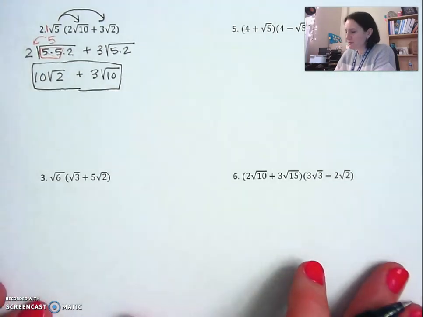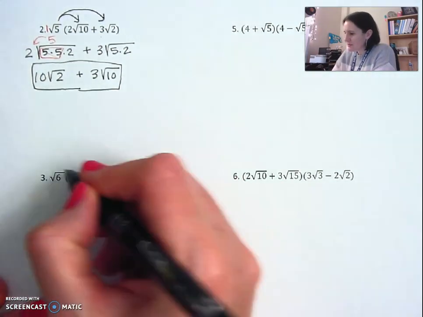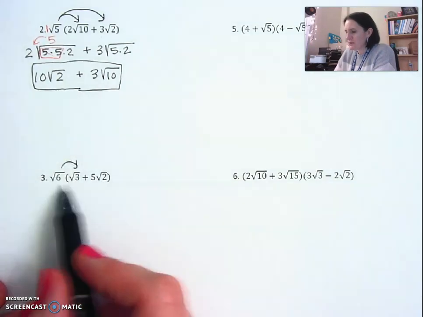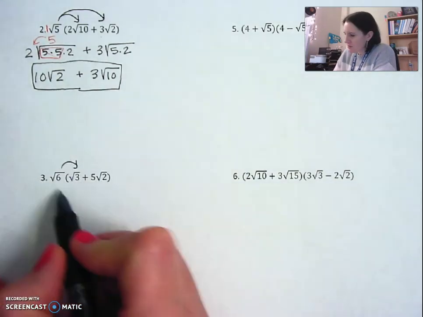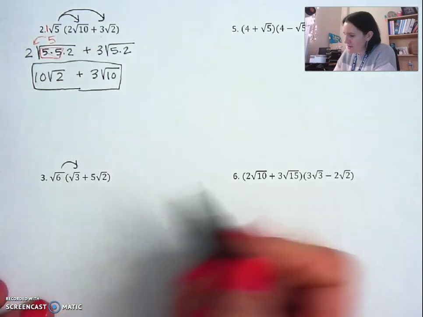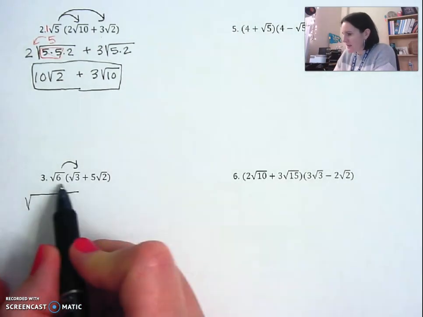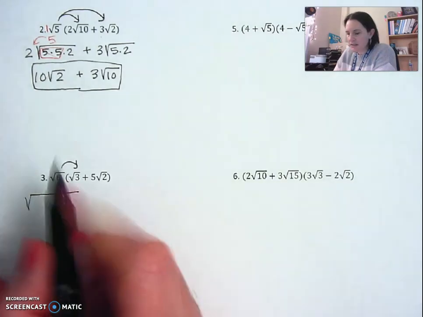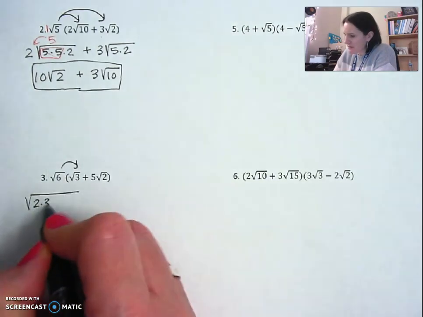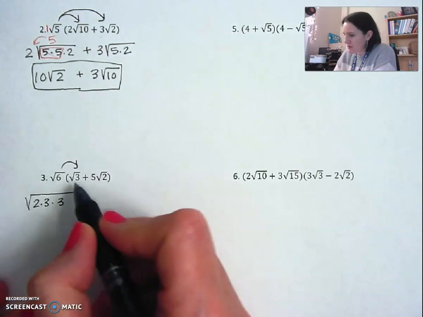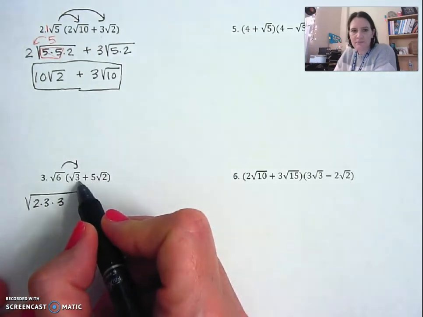And then for number 3, I'm going to distribute the square root of 6. So the outsides are just 1's. So I'm just going to stay 1 on the outside, which means I'm not going to write it. I'm going to factor this 6 into 2 times 3. And then this second 3 comes from the second radical.